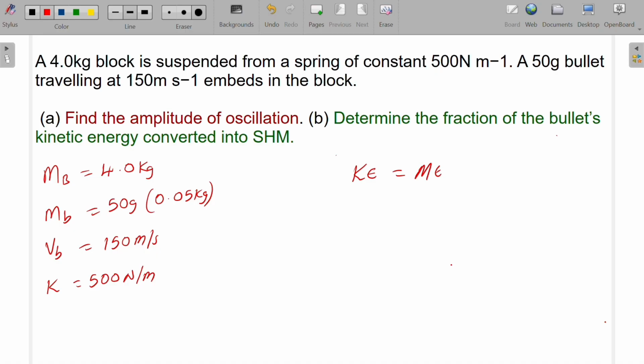So we can use this to find our amplitude, where kinetic energy is given by the formula half mv squared, and mechanical energy is also given by the formula half k a squared, where k is the spring constant, a is amplitude. So since we have amplitude here, it can help us to find our amplitude.